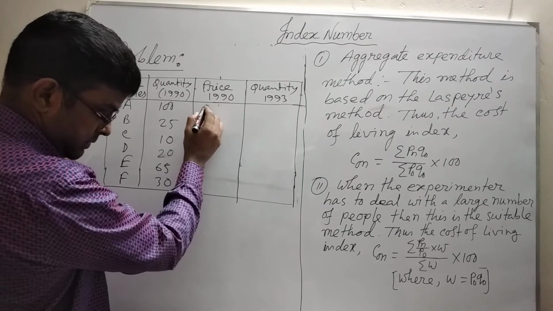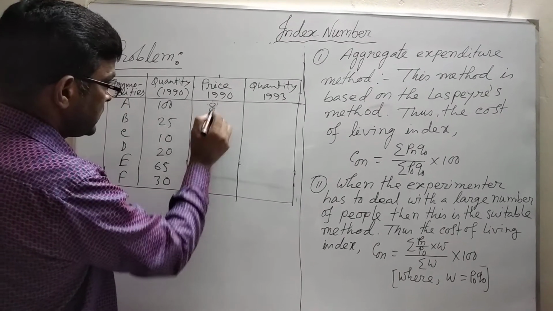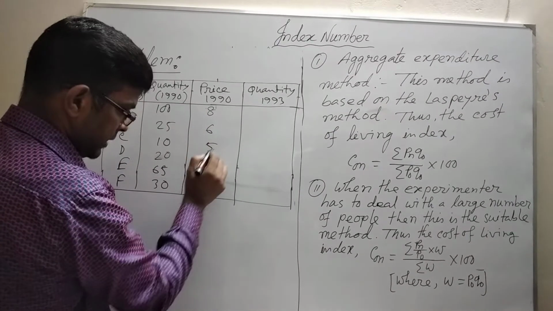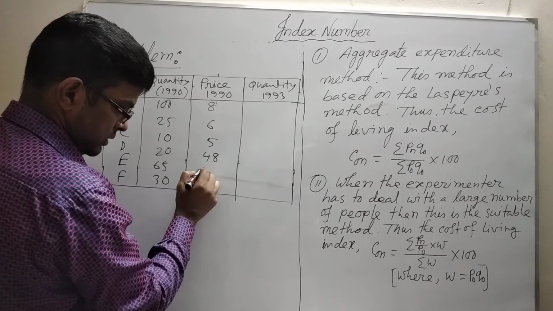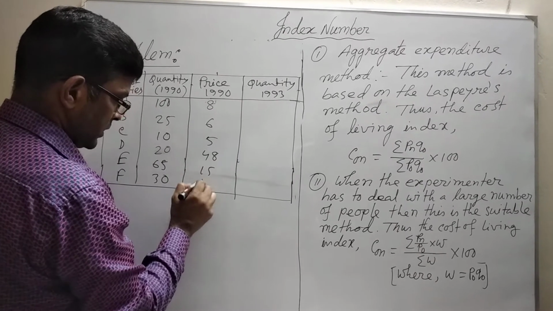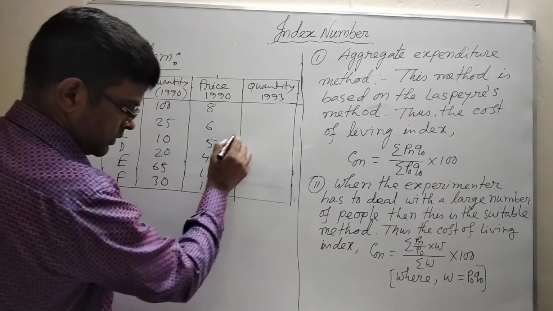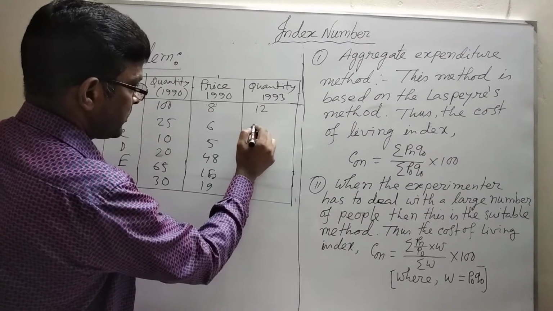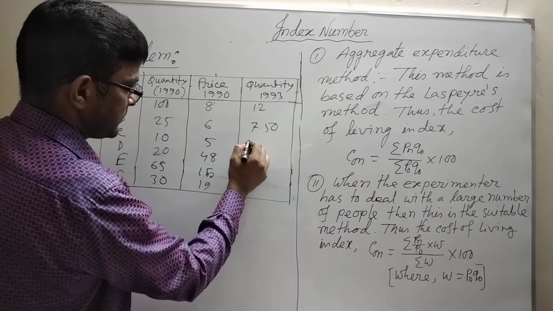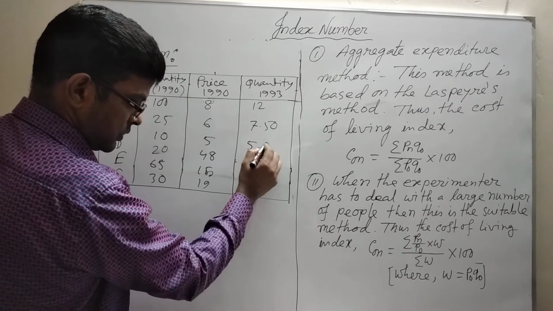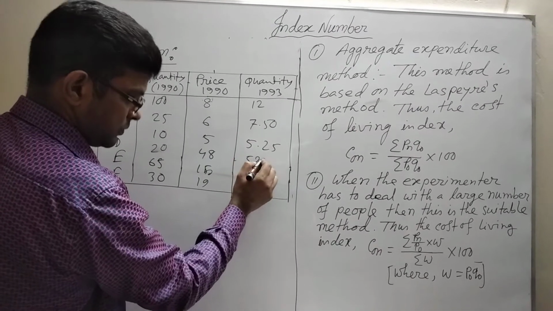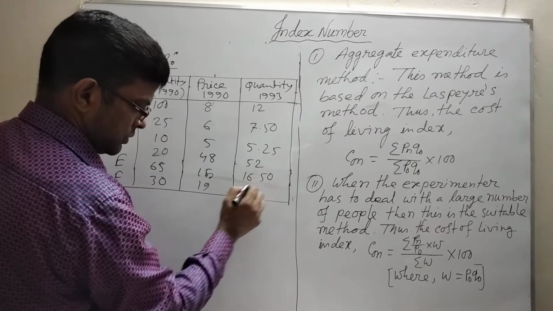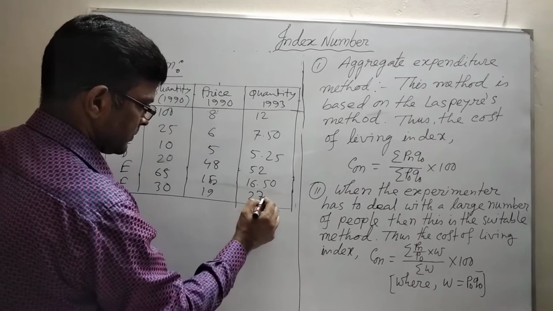Base year price: 8, 6, 6, 5, 48, 15, 19, 12. Current year price: 7.50, 5.25, 52, 16.50, 27.